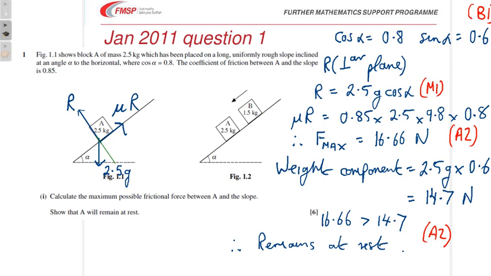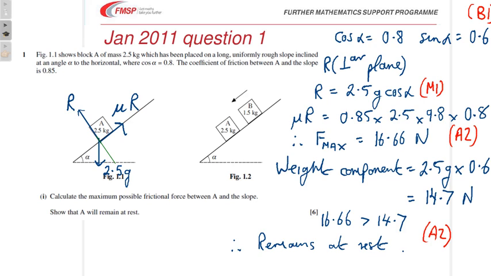By resolving perpendicular to the plane, we're able to find the normal reaction, and in a general problem, R is mg cos alpha. In this case, that becomes 2.5g cos alpha. This is only the case because there's no other forces with components perpendicular to the plane apart from R and the component of the weight.